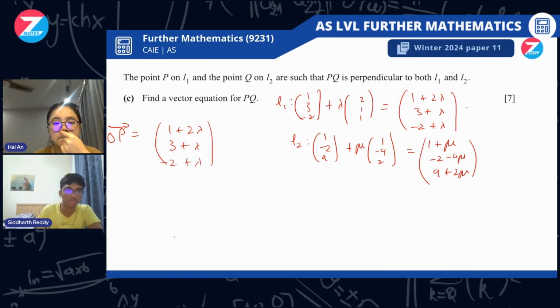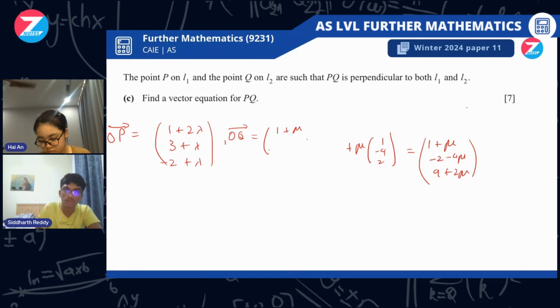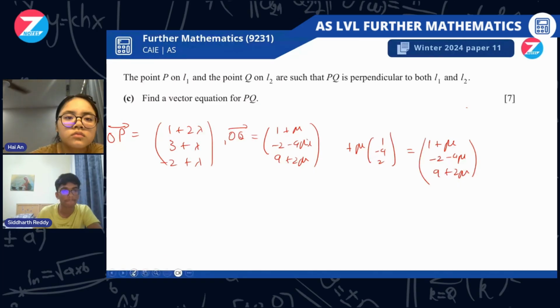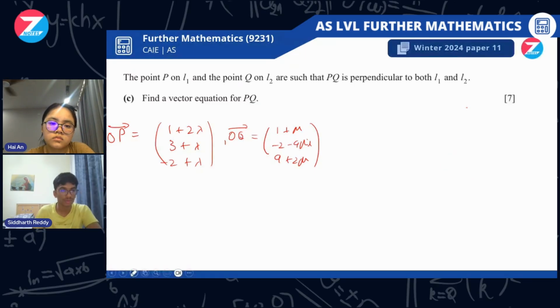And we can write OQ as (1 plus mu, -2 minus 4 mu, 9 plus 2 mu). So PQ is equal to OQ minus OP.